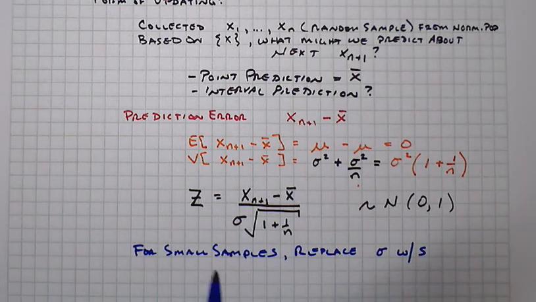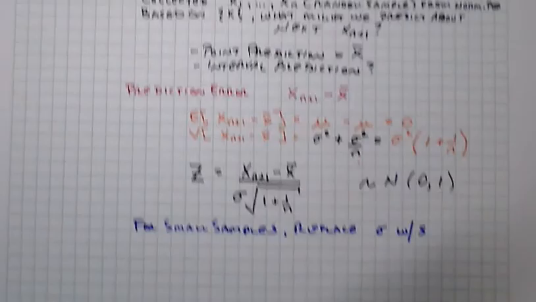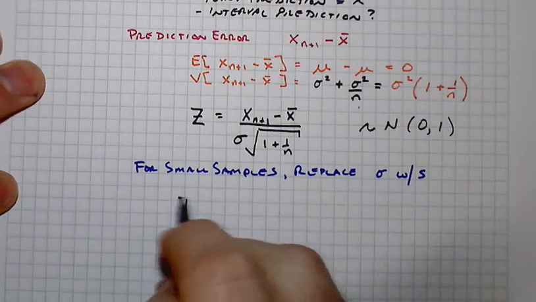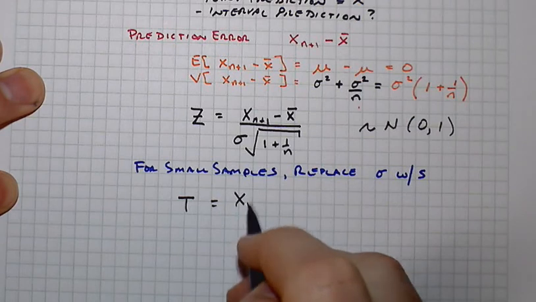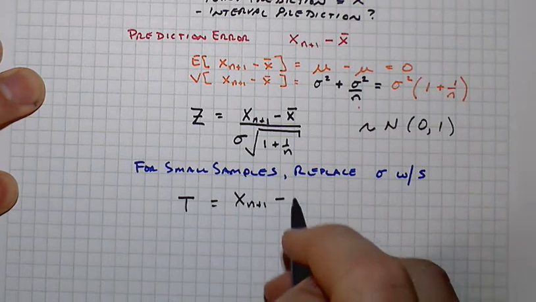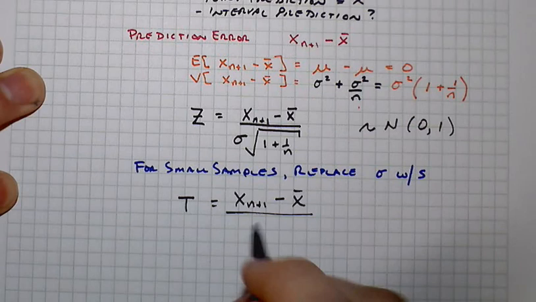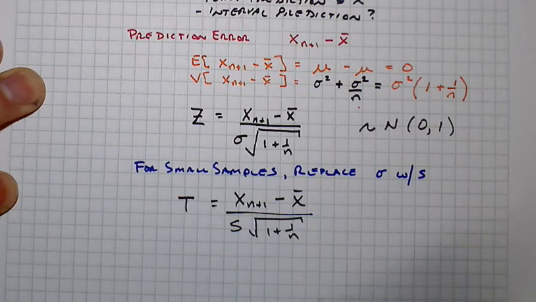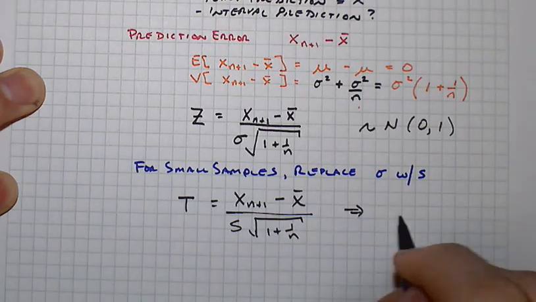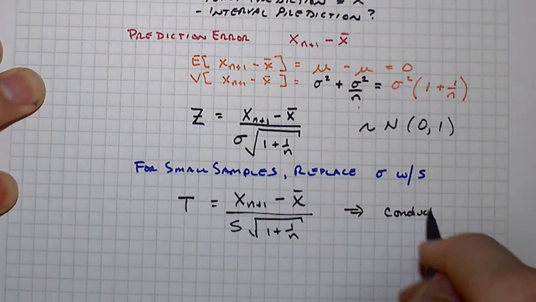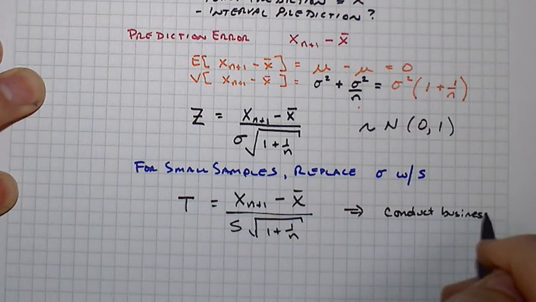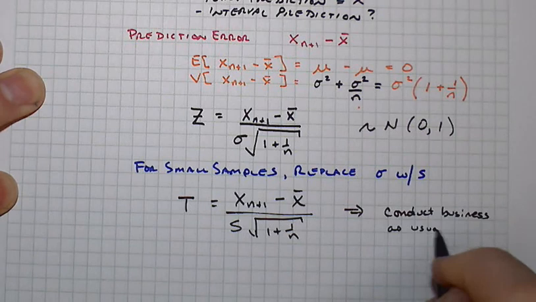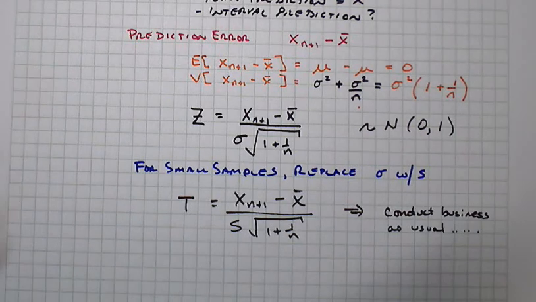But for small samples, when we replace sigma with S, we're going back to the t-distribution. And so now we have x n+1 minus x bar all over S times the square root of 1 plus 1 over n. And now we just conduct business as usual to develop our confidence interval.